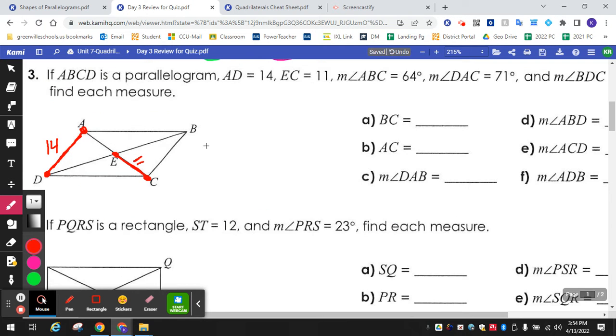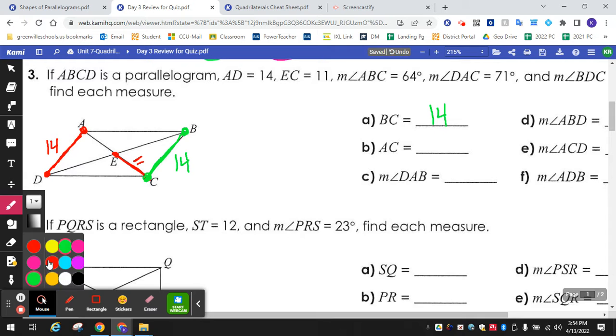All right, when you see these problems, the next 4, you want to start with what they know. We're going to do sides first, and then I'm going to erase it and do angles. With sides, A to D is 14, so B to C is also 14. They're equal, congruent.